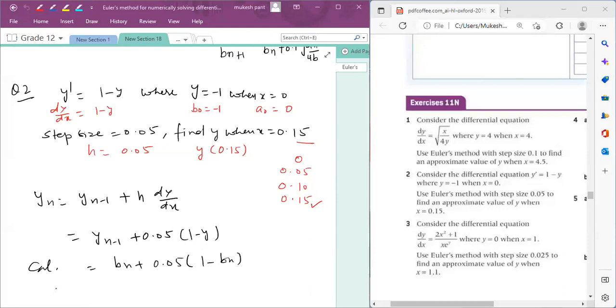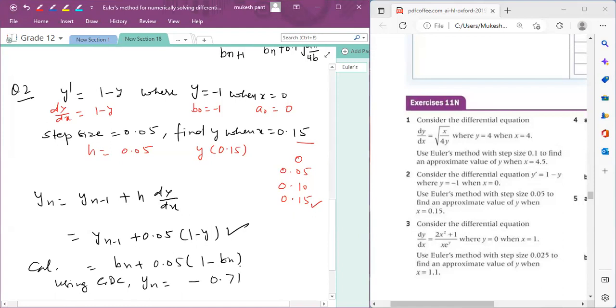Using GDC. But guys, in the exam you must write the formula. Don't forget to write the formula. Formula means this formula, this one, this one. So using GDC we get yn equals negative 0.71. Let me see the calculator once again.